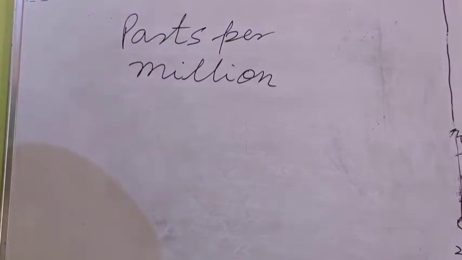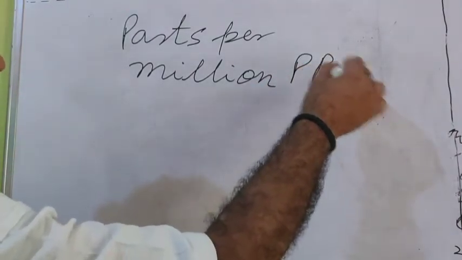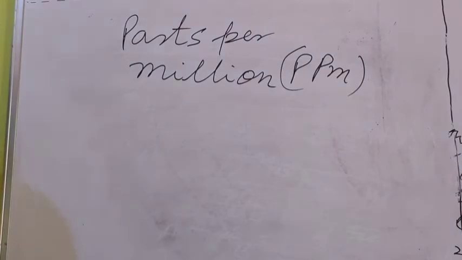Parts per million, ppm. This method is mostly used for dilute solutions. Dilute solution means the amount of solute is very less as compared to the amount of solvent.